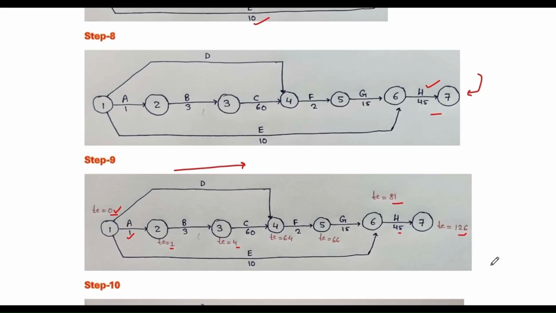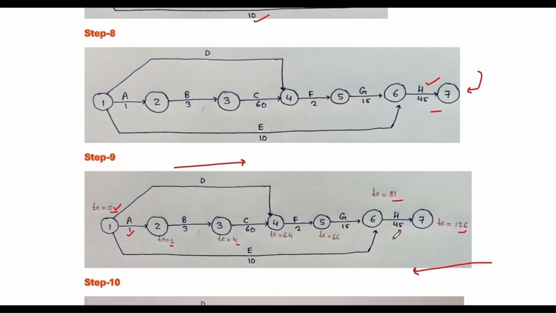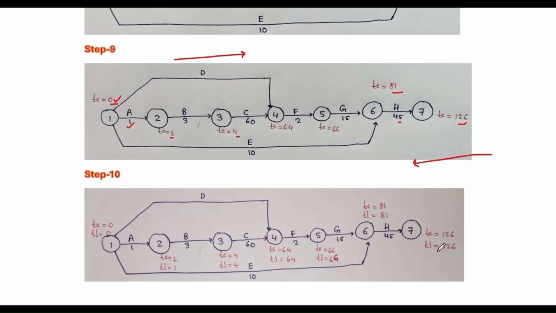Now we need to calculate the latest event time, that is the backward pass. Here we start from right to left. So TL, the latest event time, will be 126. Now node 6 will be 81. Node 5: 81 minus 15, that is 66.